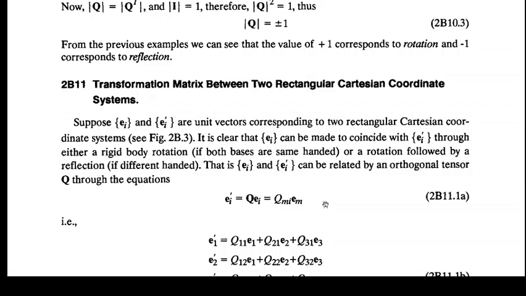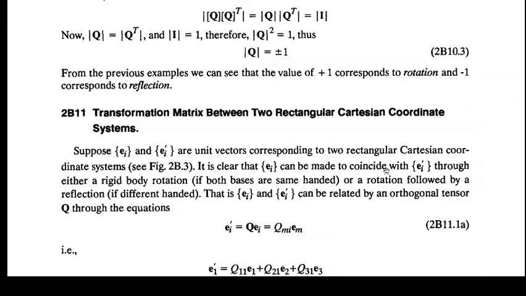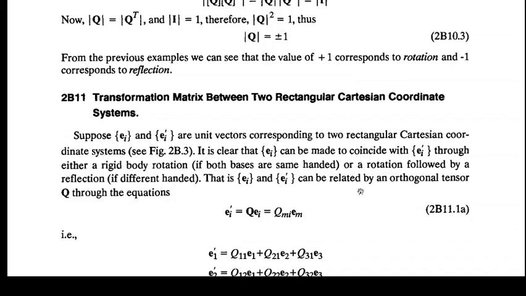Ei dash is the basis of the second system, and this can be written as Qmi with the help of T. There we have T and here we have Q. So you need to think about how to relate Ei and Ei dash with rotation if both are the same handed.